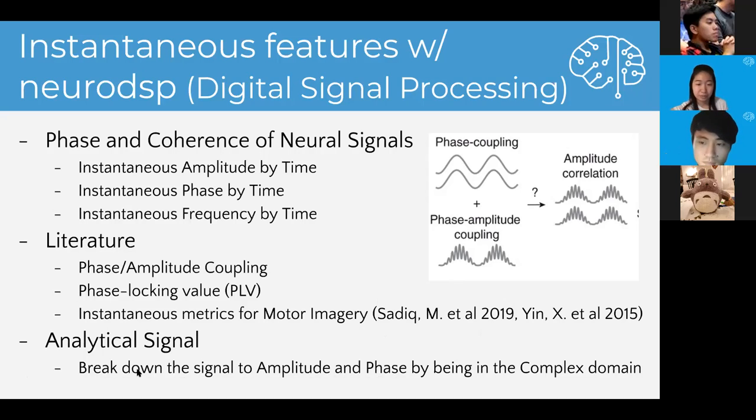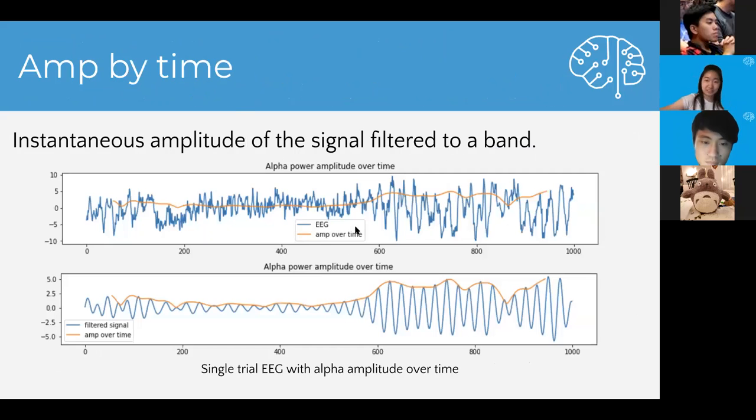You have an amplitude, which is the length of the ray that comes out from the real and complex components, and then you have phase, which is the angle from 0 that the signal is currently at. These are the values that we're extracting for our signal in the instantaneous domain. That was a lot. We'll get a visual of this, so hopefully that will make it clear.